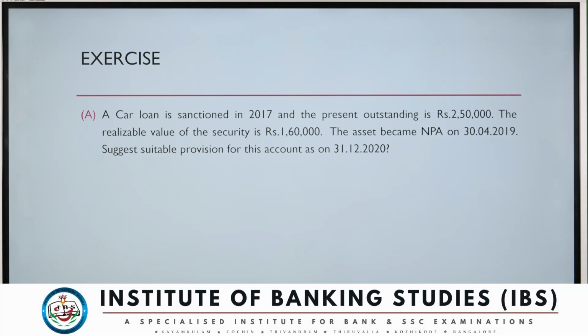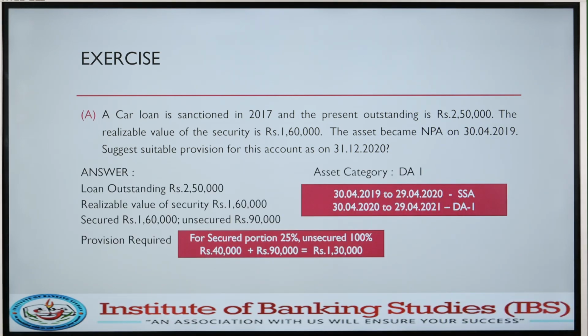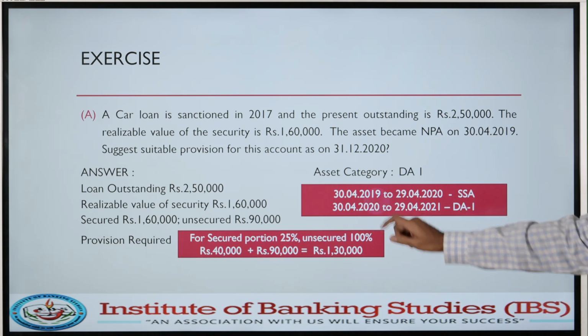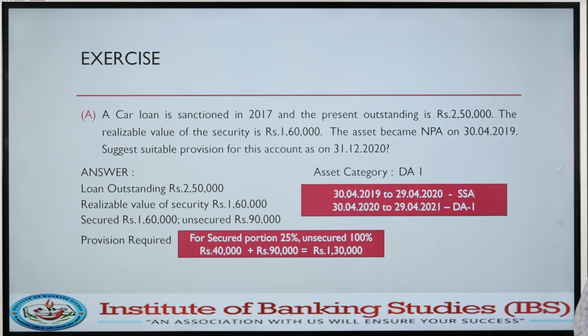So first of all, we have to categorize the asset. Just watch this. From 30th of April 2019 to 29th of April 2020, the asset rests in SSA category.